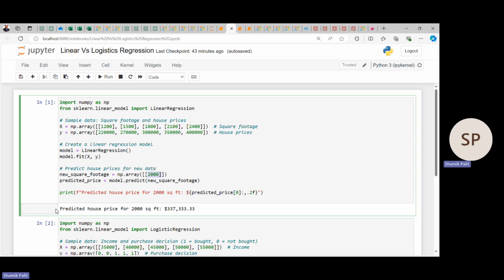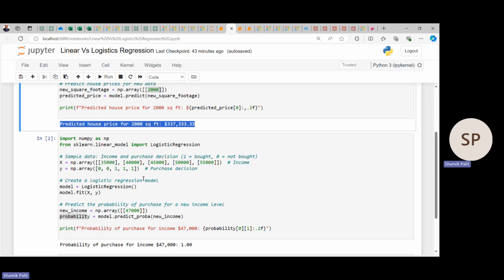This is what we received in the outcome. This is a common example for linear regression, and predicting the house price was the core business requirement here.